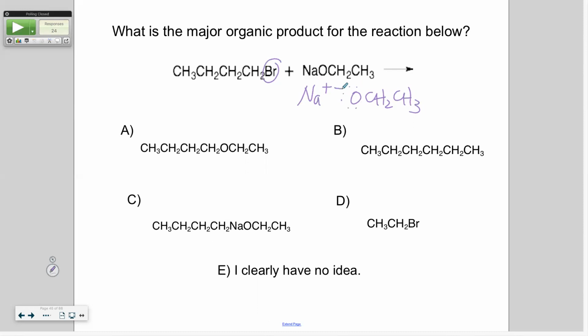Okay, now what do you think happens? Where do these electrons go? To the carbon. And then what happens? Goes bye-bye. Okay? So what's the product?